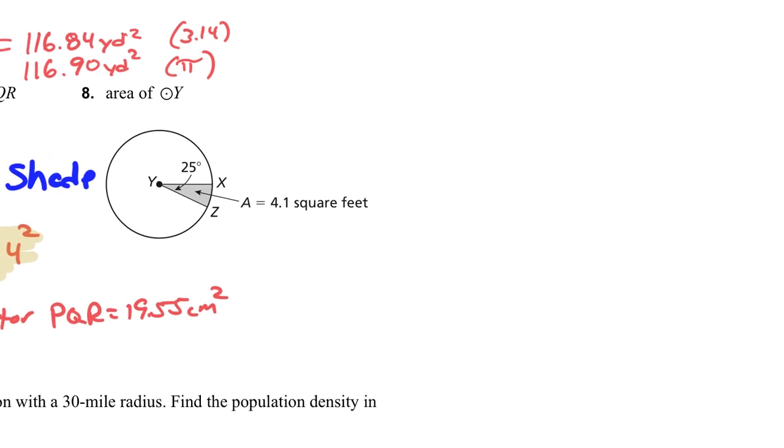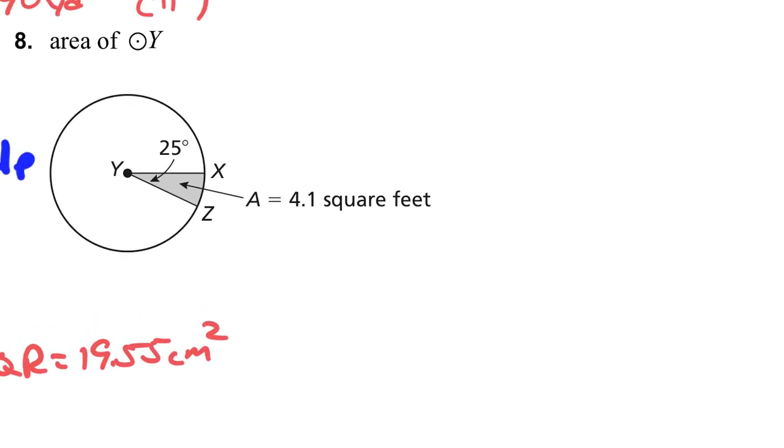All right, number 8 says find the area of the circle. This time we have the angle and we have the area of the sector. So the area of the sector, which is 4.1, that was because we had 25 divided by 360 times pi r squared. I want to show you something.